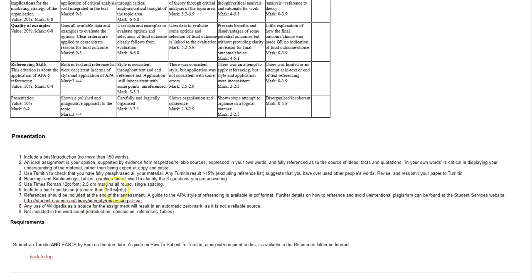You need to include a conclusion. And no Wikipedia sources. Remember that not included in the word count is the introduction, conclusion, references, and tables. So the 3,500 words just relates to the body of the assessment. And then on the due date, you submit to Turnitin and East by 5 p.m.